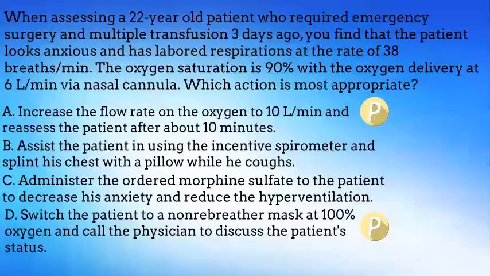When we're trying to decide which answer to choose, we want to look at which answer has the higher priority response. With option A, we're turning up the oxygen and then walking out of the room, and then we'll check on him in about 10 minutes. In option D, we're giving him high levels of oxygen and calling the physician to determine what to do next.